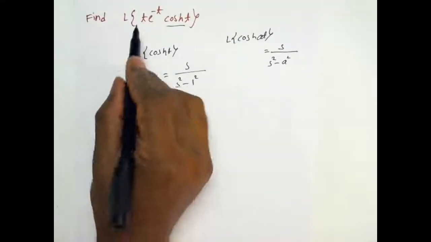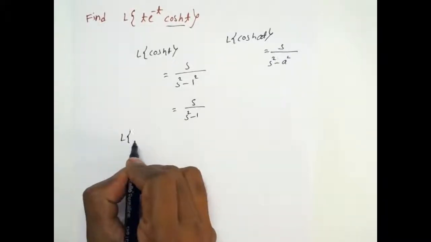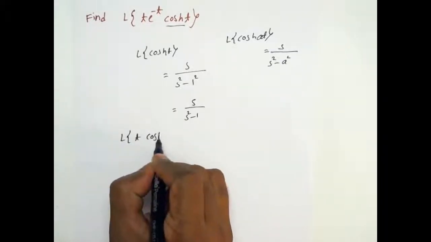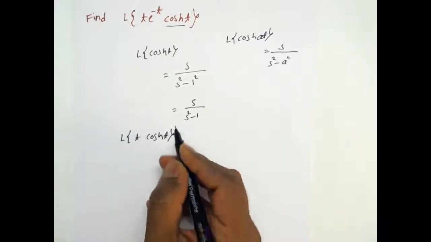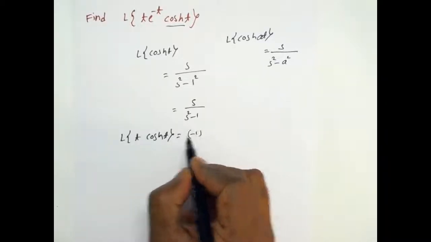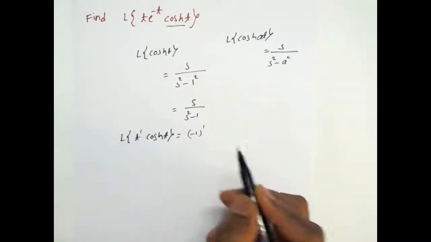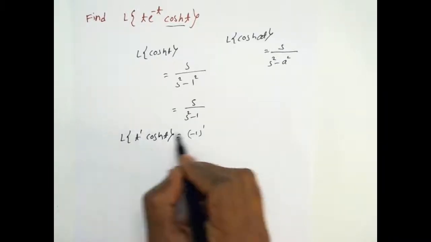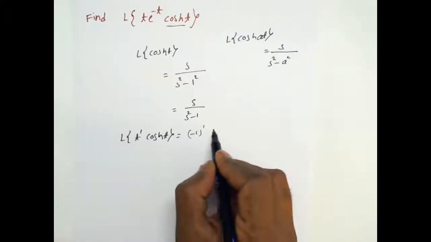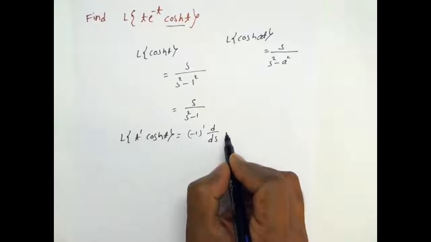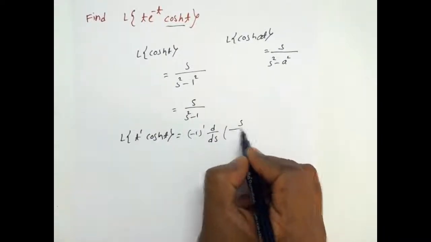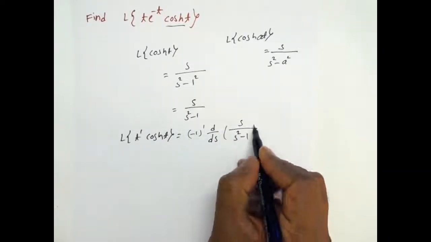Now I am considering t also, that is Laplace of t into cosh t, that equals (-1)^1 d/ds of s by s squared minus 1.